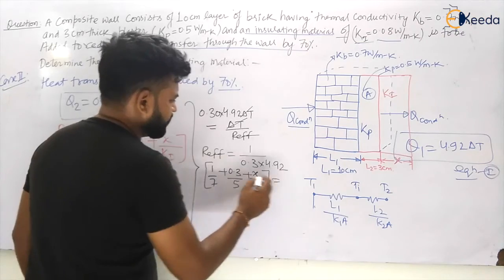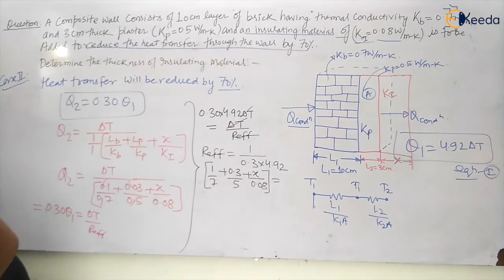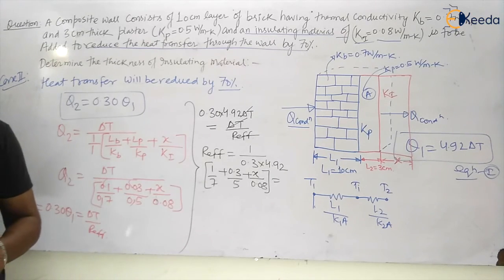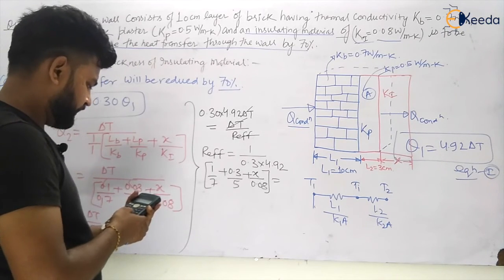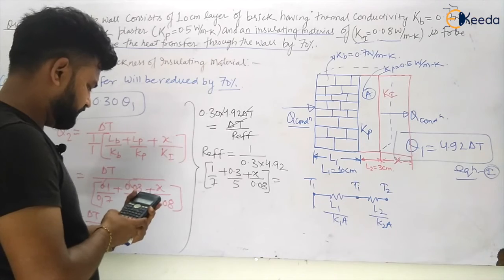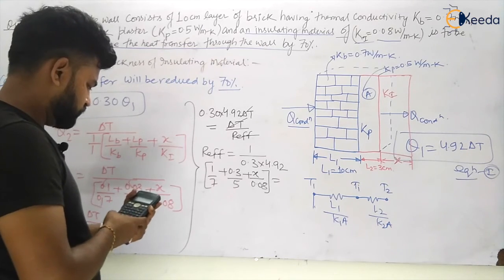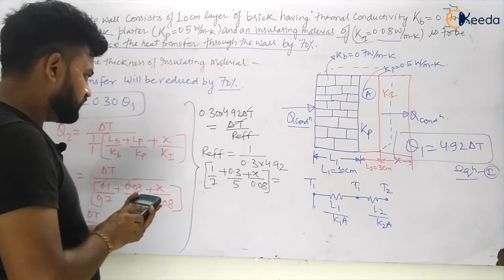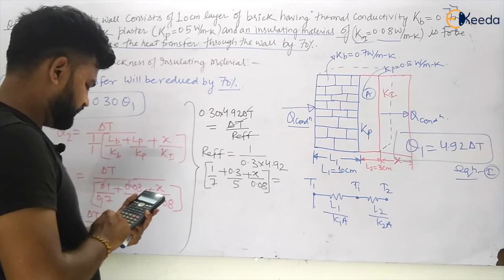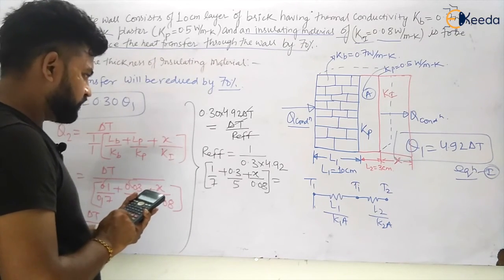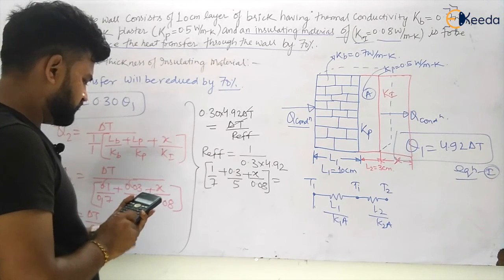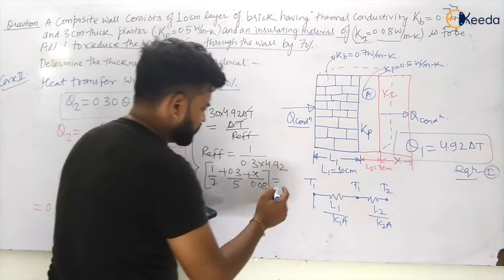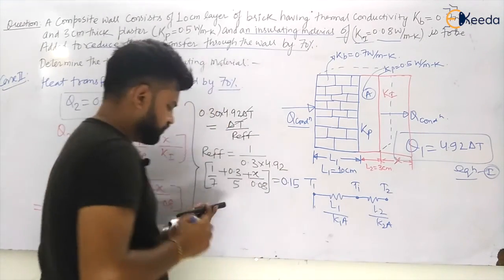Let us calculate it. Sorry, this is 0.3 multiplied by 4.92, and it will be 1 divided by this. So this will become equal to 0.15.